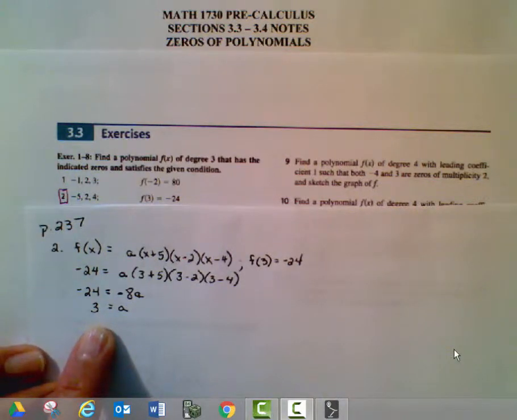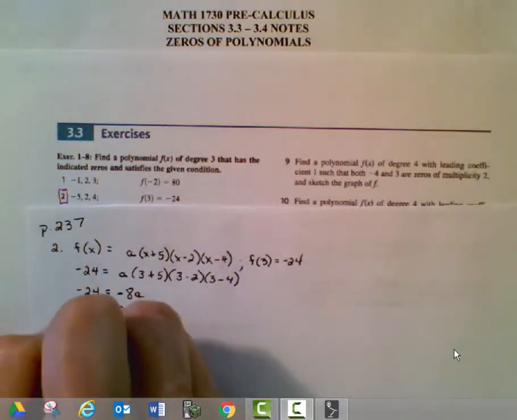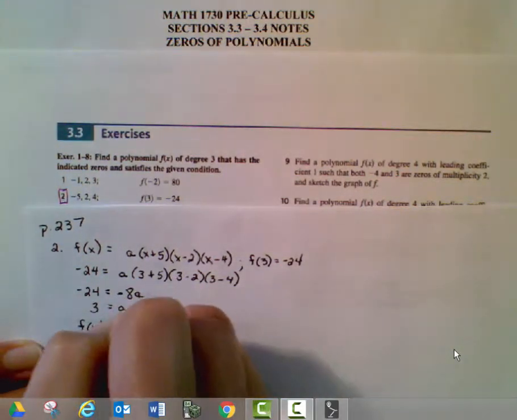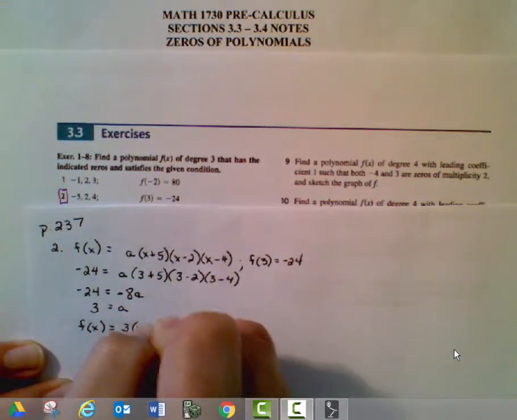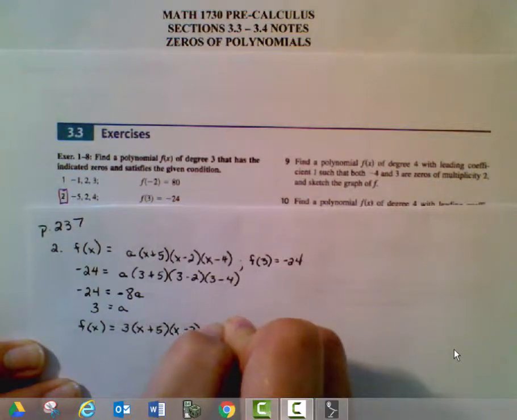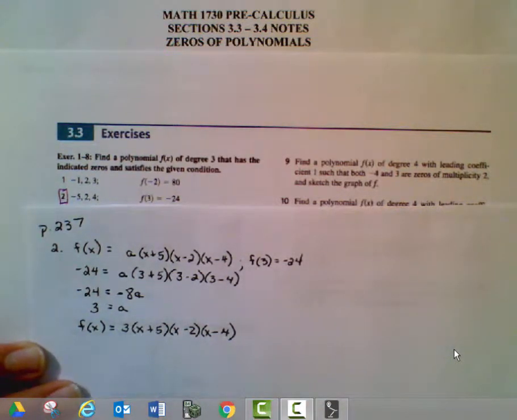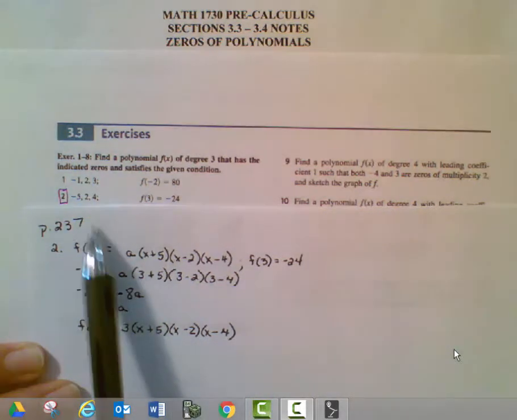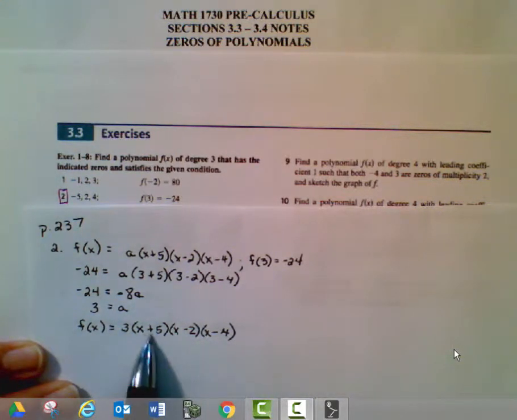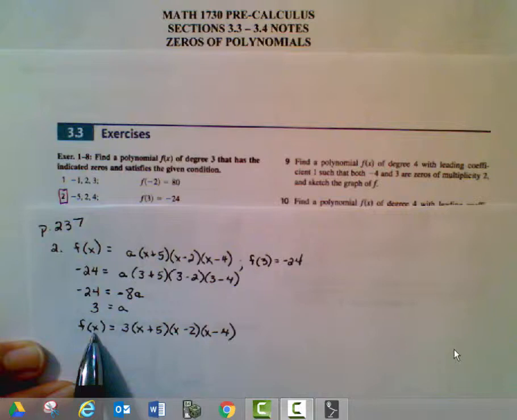If we let a be 3, then we have the specific polynomial function 3 times x plus 5 times x minus 2 times x minus 4. And we can just look at it and see that sure enough, the zeros are negative 5, 2, and 4, like we specified.